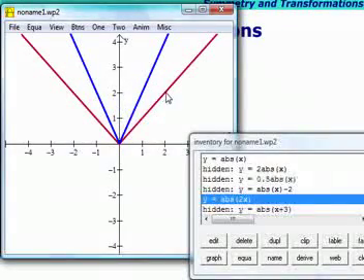In my original graph, it looks like I had about 2. But in this new graph, the x value is about half of what it was originally. So it appears as though this 2, rather than multiplying the x values by 2, I divide the x values by 2. That'd be a good idea to play with that a little bit in WinPlot, and just play with that number. Maybe throw a negative in, see what that does.